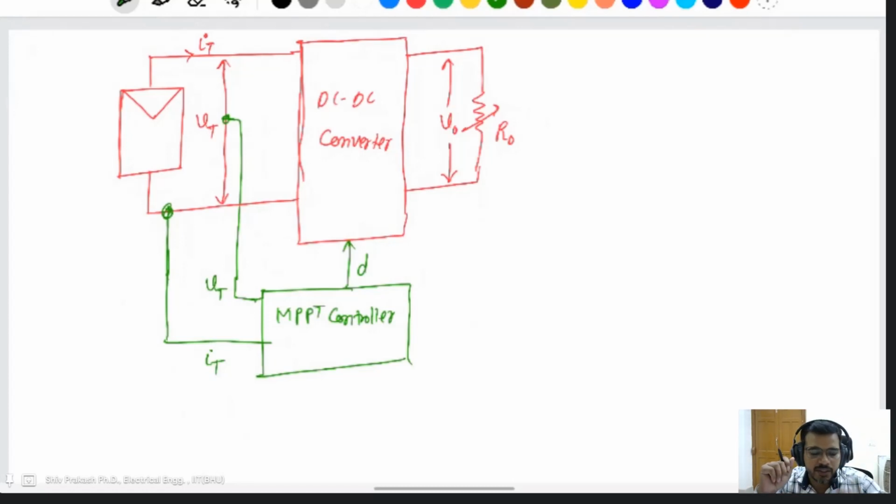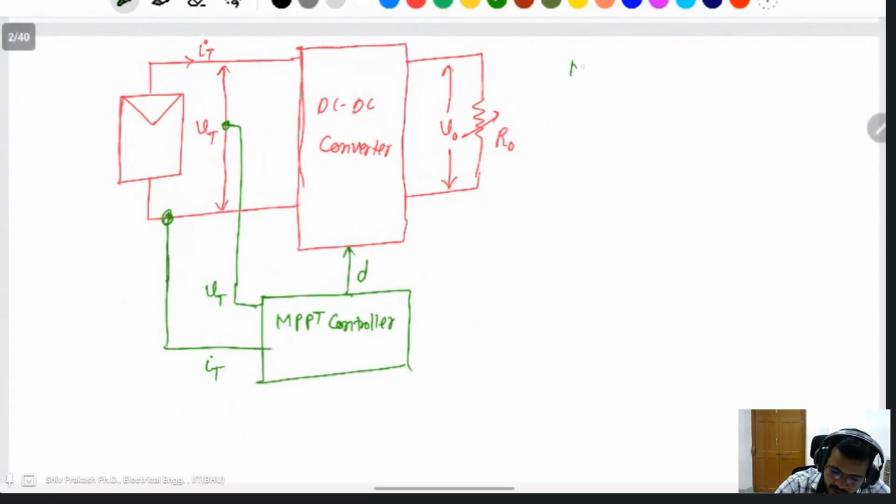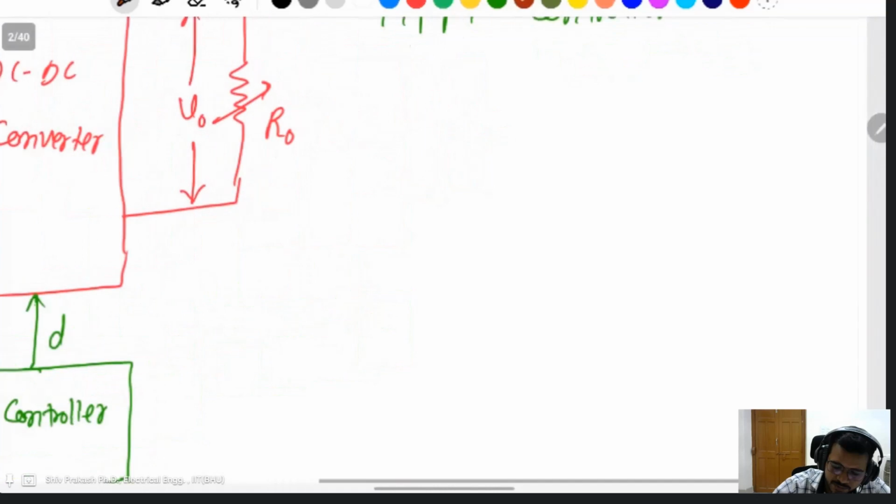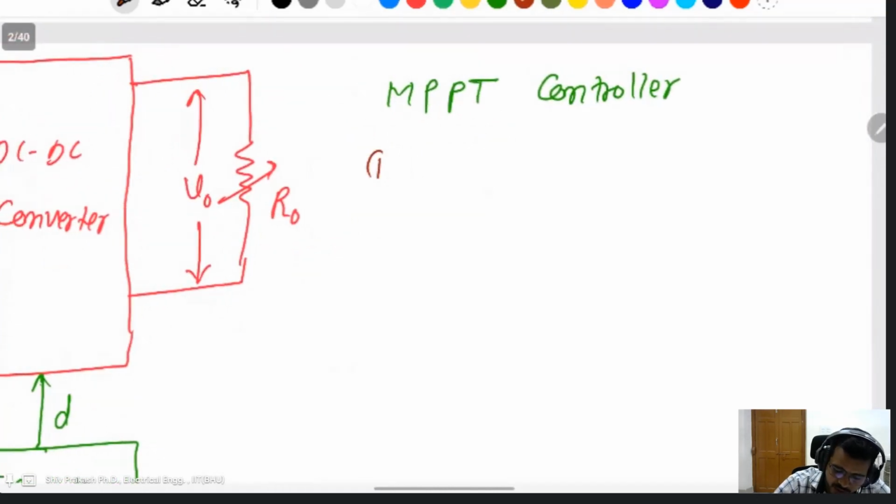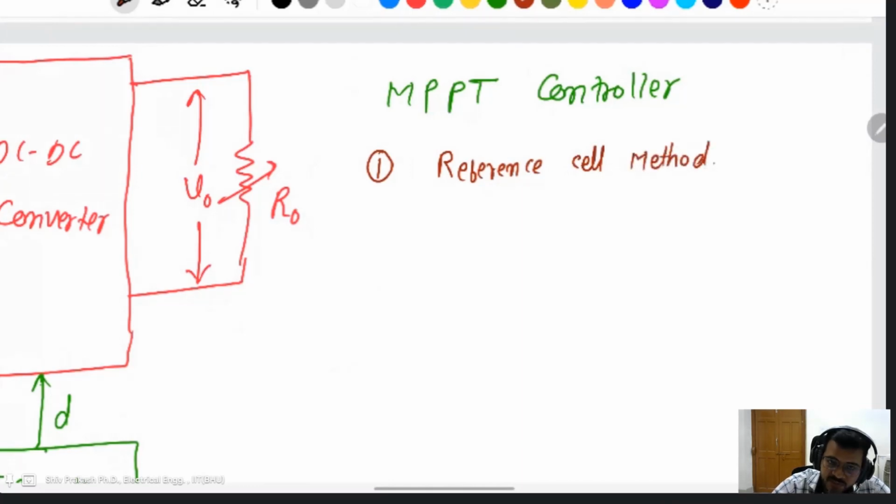There are many types of MPPT controller, like the reference cell method. These are of two types: voltage sensing and current sensing.